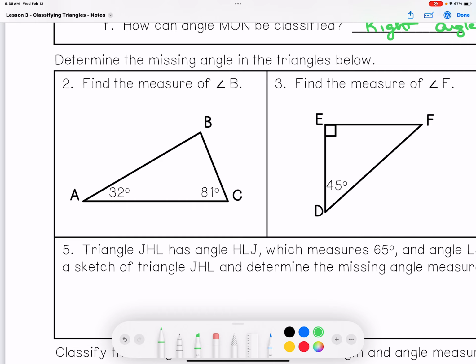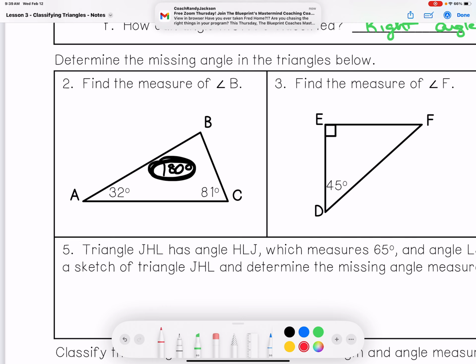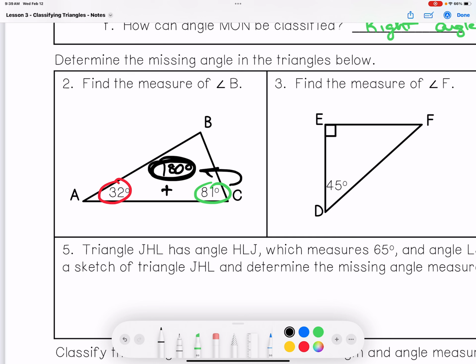They ask us to find the measure of angle B. So we need to find that one that's missing. We know that the whole shebang, the whole triangle, adds up to 180. So this side plus that side equal 180.